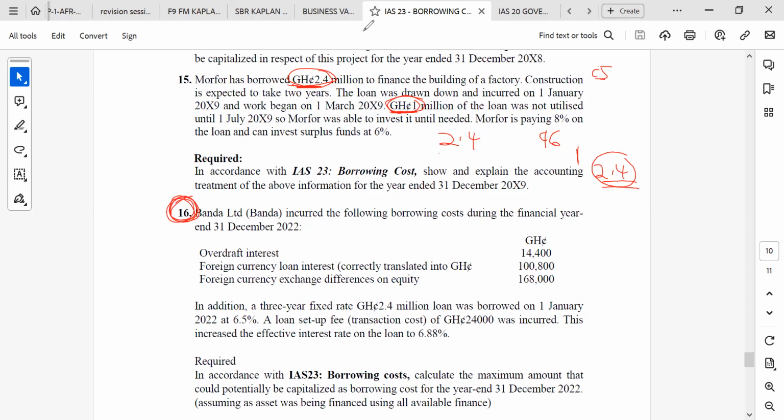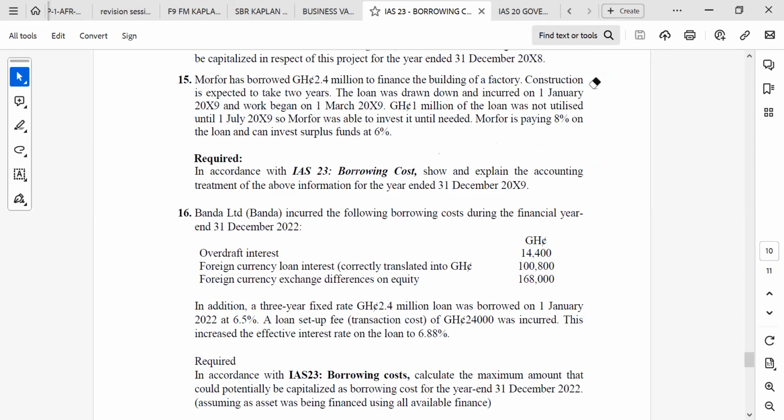Okay, Wanda Limited incurred the following borrowing costs during the financial year ended September 2022. Overdraft interest 14,400, foreign currency loan interest 100,800, foreign currency exchange differences on equity 168,000. In addition, a 3-year fixed rate 2.4 million loan was borrowed on 1st January 2022 at 6.5%.